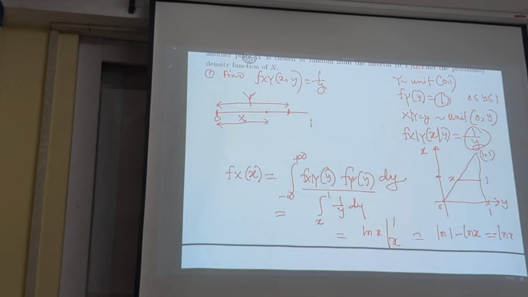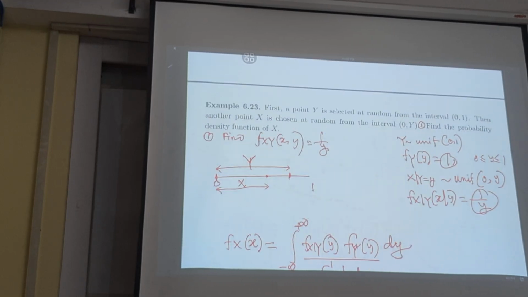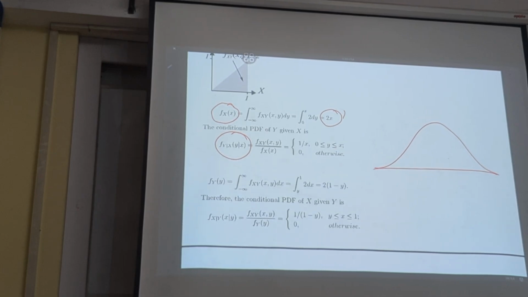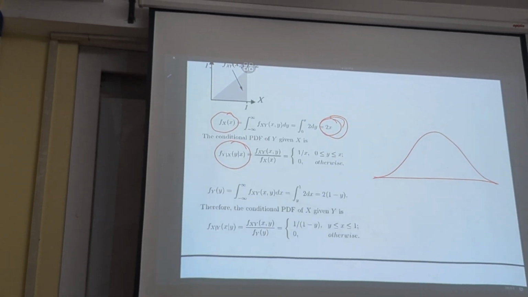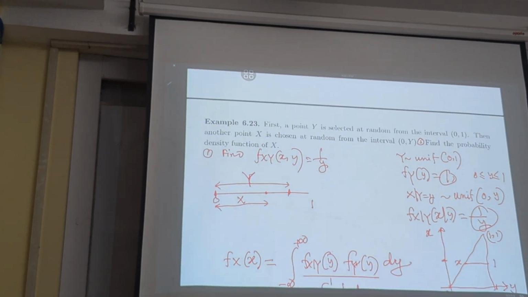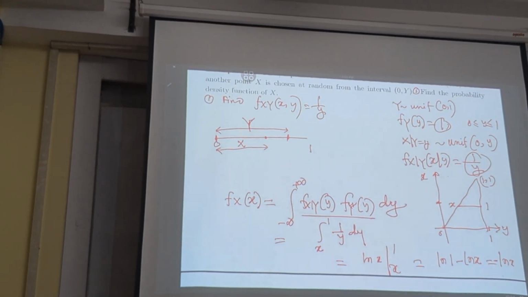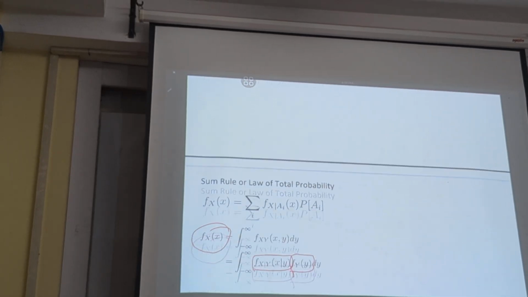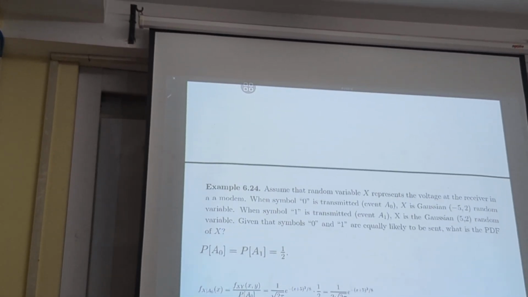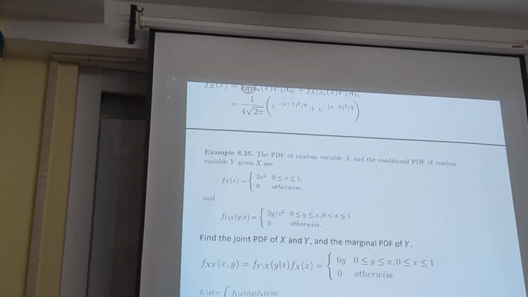Now you understand the marginal PDF of x. Previously, the marginal PDF of x was 2x. When you change the axis, it becomes minus log x. An example is given here.